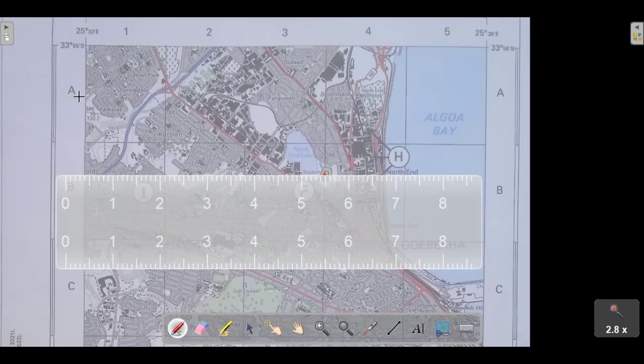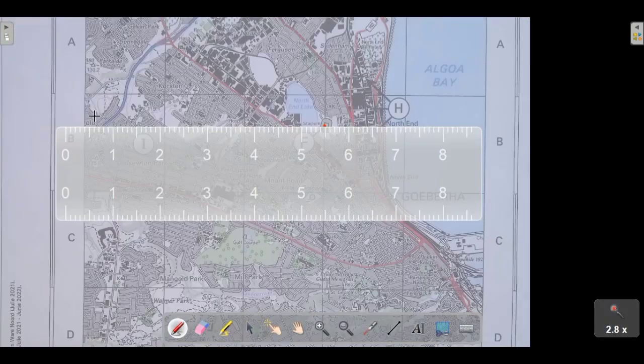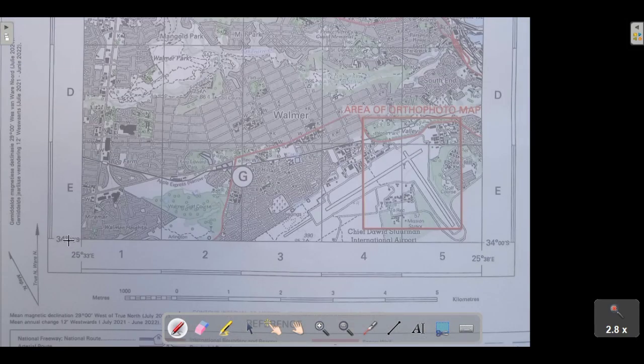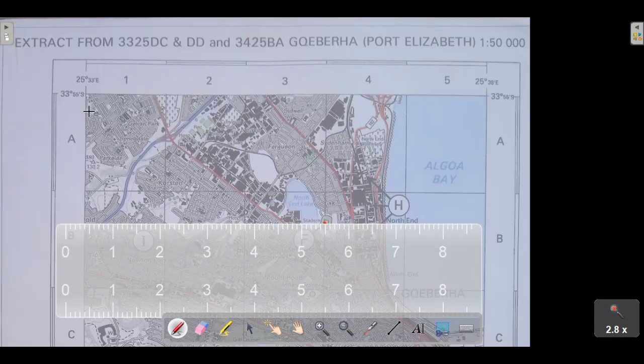This goes from 33 degrees all the way up to 34 degrees. Each single block goes from 55 to 56, so this is 56 minutes. This is still 33 degrees but 56 minutes. This is the whole 55 until you reach this point.